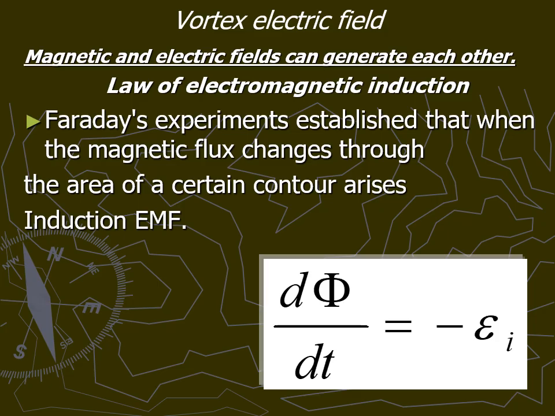Faraday's law, the law of electromagnetic induction, we can write as the following entry shown here on the slide: the rate of change of the magnetic flux is equal to minus the EMF of induction that occurs in this case.